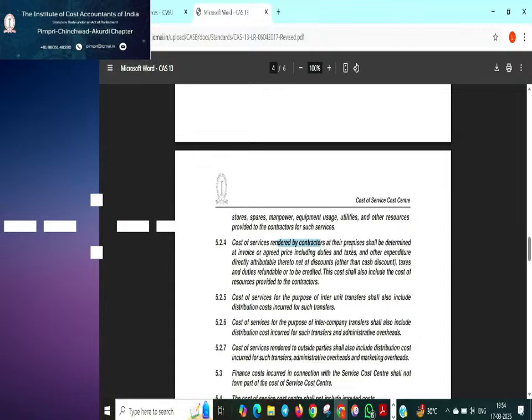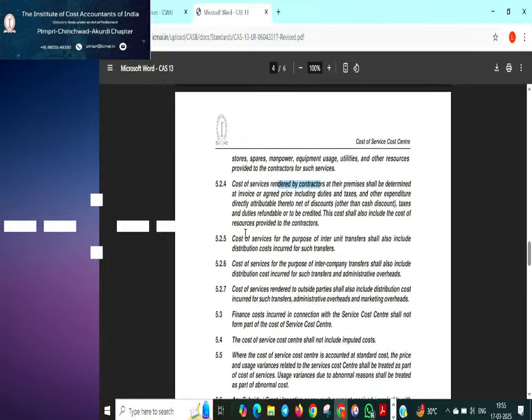And when it is rendered by contractors at their premises, not in the company's premises, but the contractors provide from their premises itself, then it will be the agreed price or the invoice price, net of trade discounts, that is discounts other than cash discounts, taxes and duties refundable or to be credited.